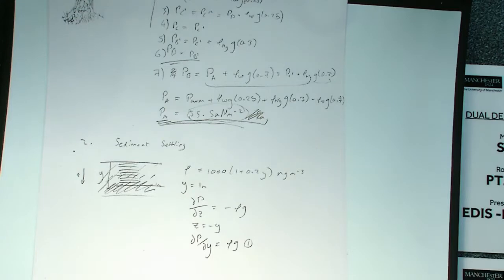So if you're saying z is increasing that way, then no, that doesn't make sense either. Why would that make a difference? I ended up with dp by dy equals minus rho g, and I ended up with a negative answer. Because of course graph. So what you're doing must be right.